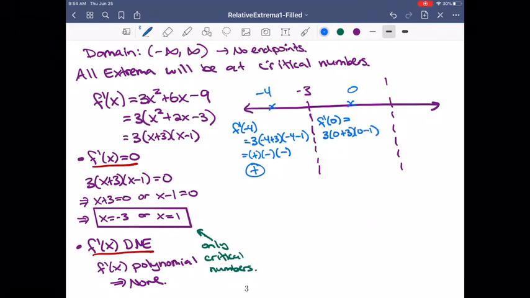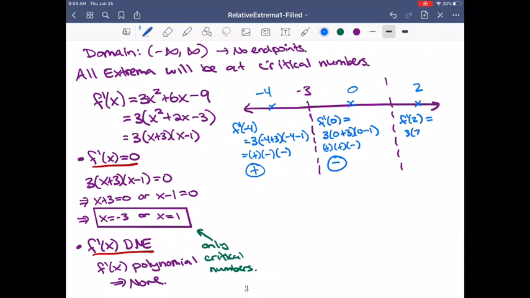So here I have a positive times a negative. One negative means that I'm going to get a negative at the end. Something bigger than 1, maybe 2. f prime of 2 is going to be 3 times 2 plus 3 times 2 minus 1. So here I have a positive times a positive times a positive, so I'm going to get a positive.